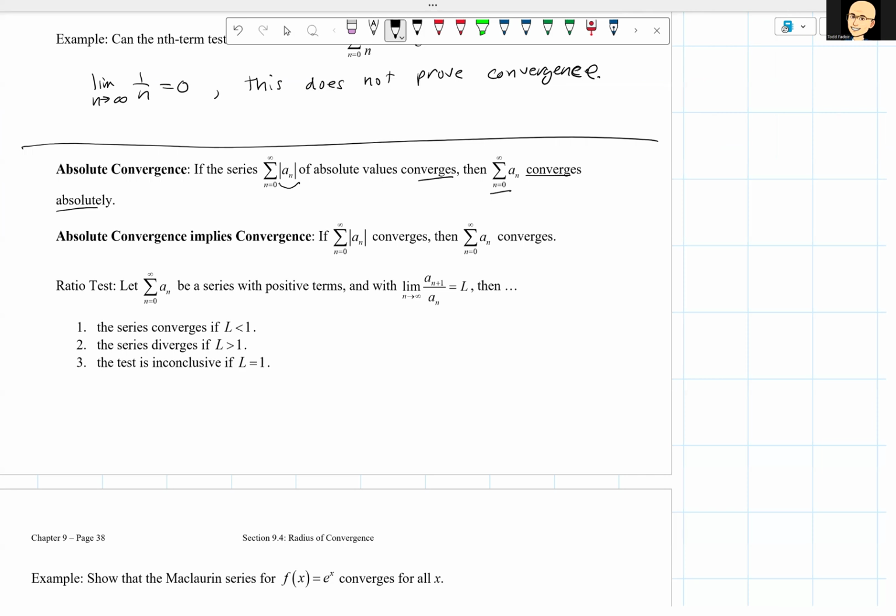Why would we want to say that? Well, if you can say that the series converges absolutely, then we know the series, even if it has negative values or a combination of positive and negative values in it, will also converge. It's much harder to have a series converge made up of only positive terms than it is to have one made up of a combination of positives and negatives.